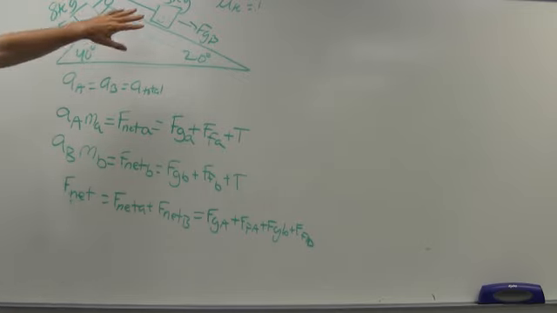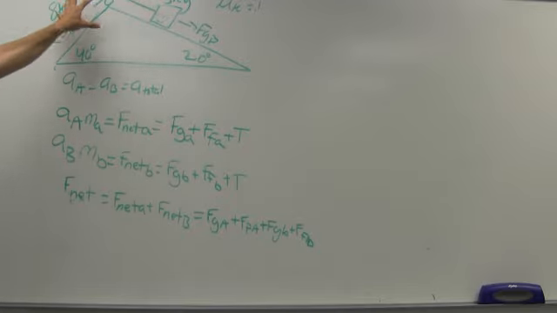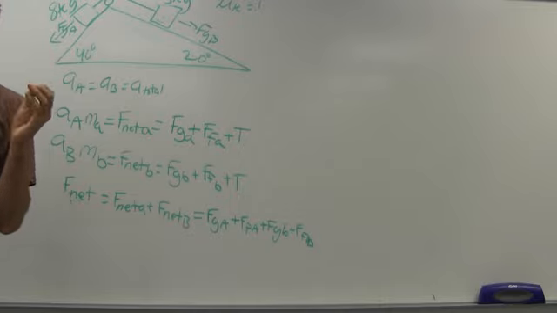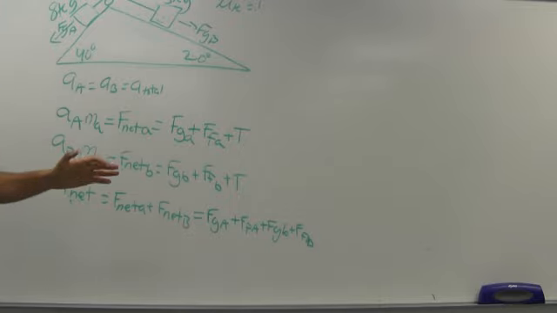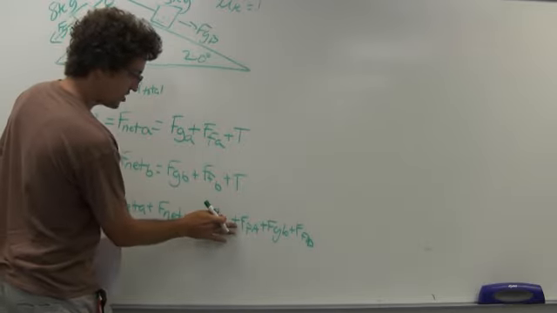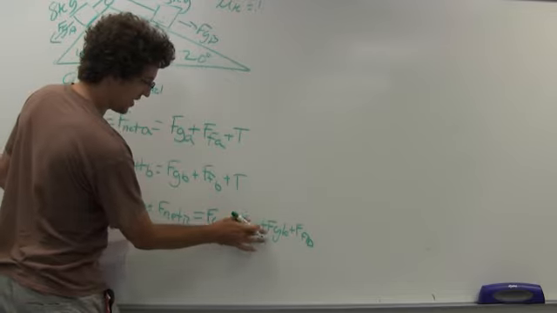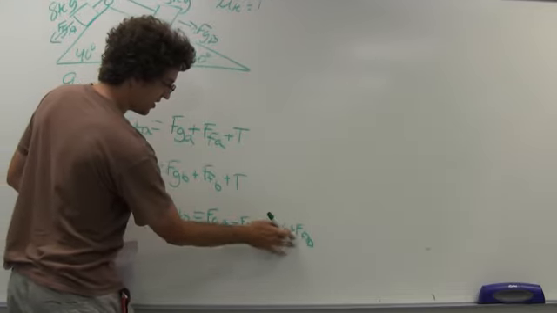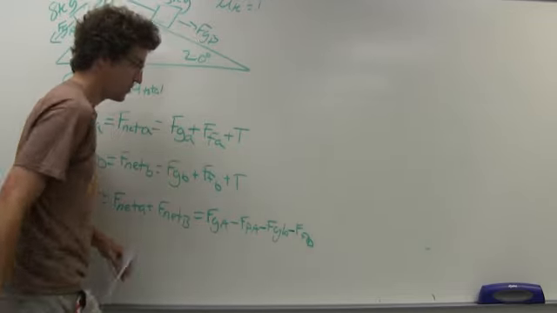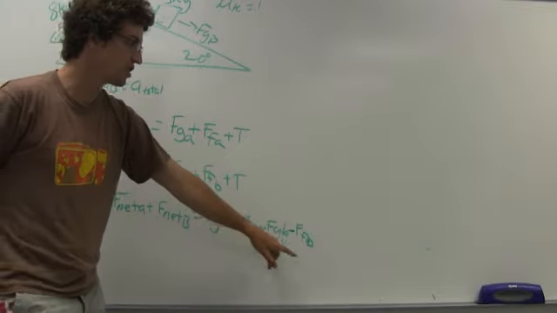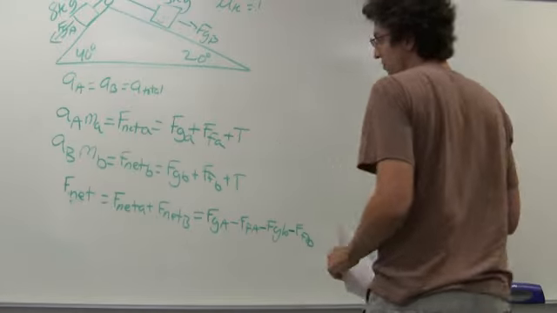Which means that the whole connected object is going to be sliding this way, to the left. Which means the frictional force, which opposes motion, is going to be to the right. So we can actually rewrite this as FGA minus FFA minus FGB minus force of friction B, because all three of those are going to be opposing that strongest force.